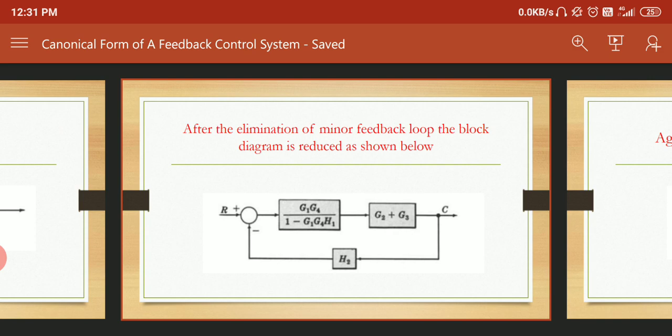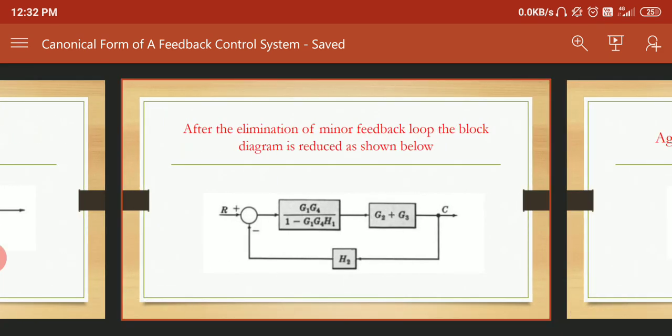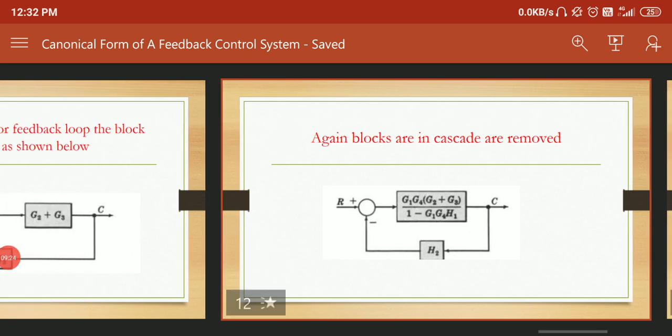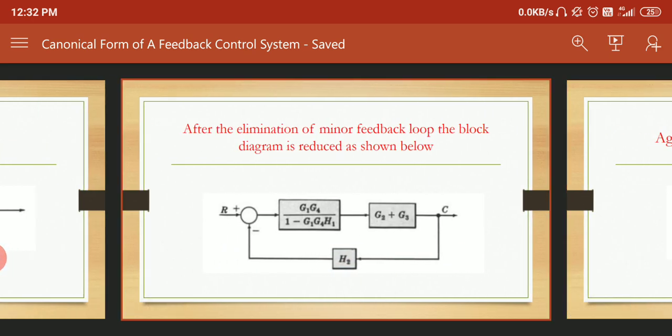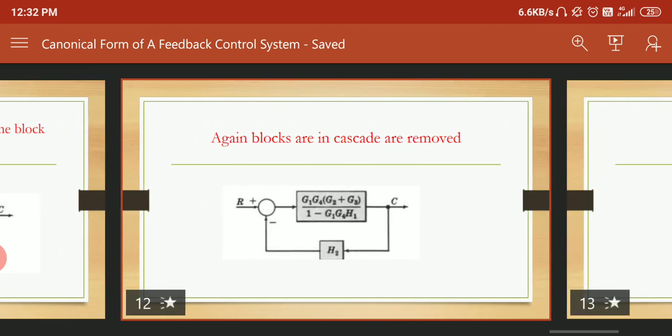Here is the simplified form of our example, but we require the canonical form. For getting the canonical form, the upper two blocks are in series. By using the first step, we get the multiplication of these two blocks, and we get this simplified form.